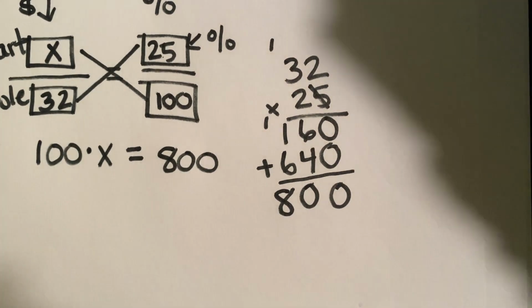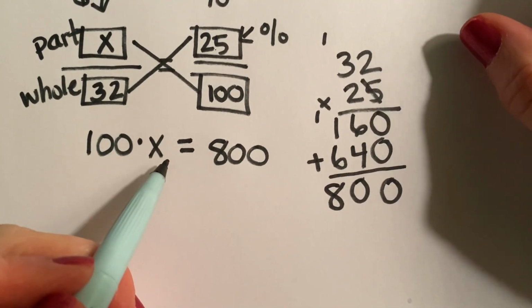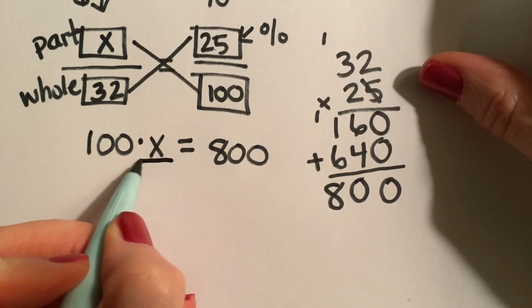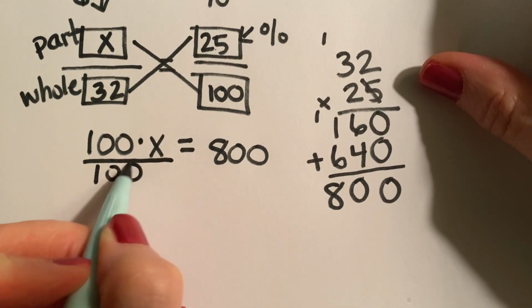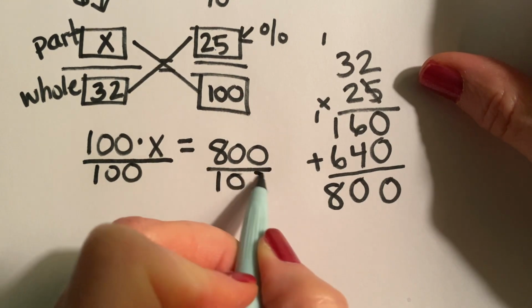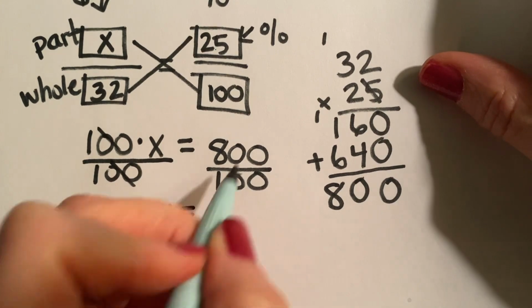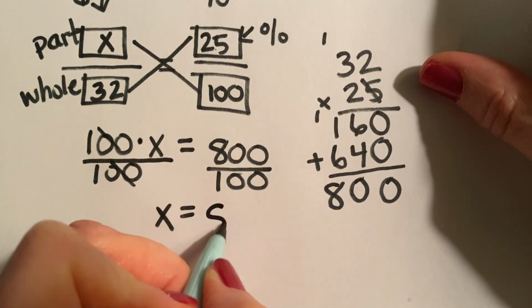Now, 100 times what makes 800? Well, I hope you're thinking 8. Or we could divide by 100 on both sides. Cross these puppies off. X equals 800 divided by 100 is 8.